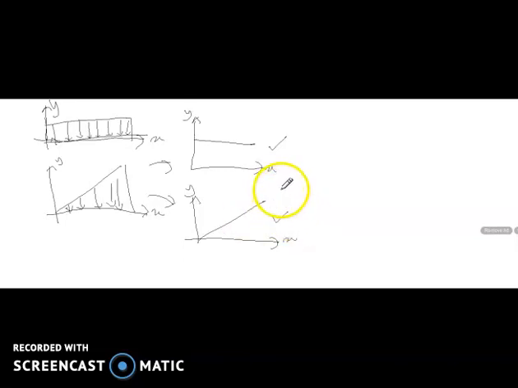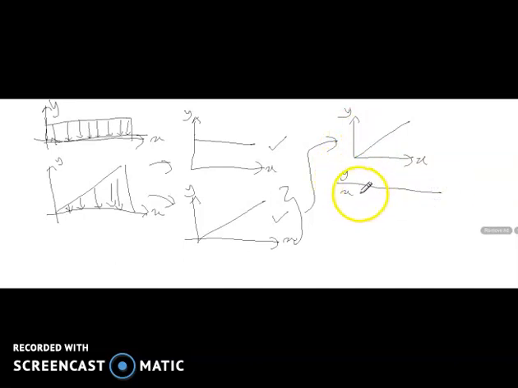Let's say we take this one, a linear graph, with x and y. Let's say we have data like this: if x is 1, y is 2. If x is 2, y is 4.